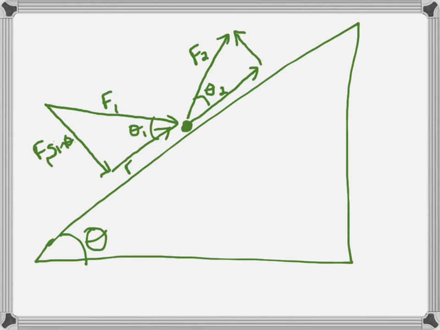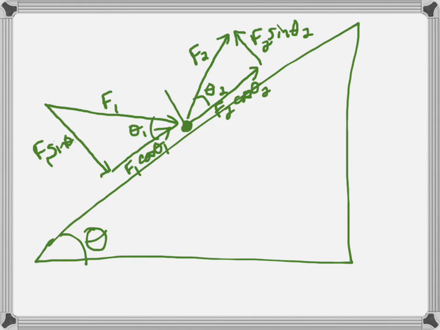And this would be F1 times the cosine of theta 1. This would be F2 times the cosine of theta 2. And this would be F2 times the sine of theta 2. So those are some of our forces on our FBD.